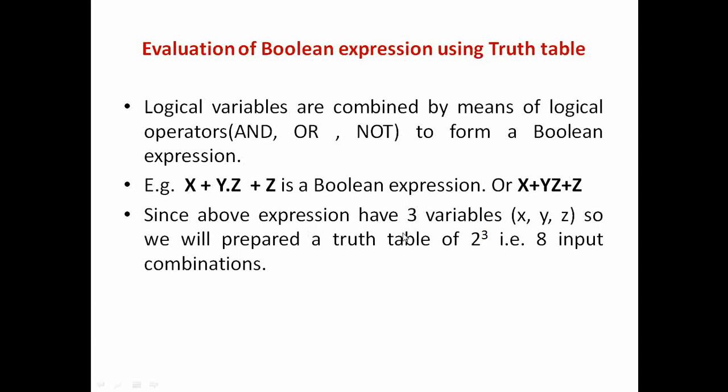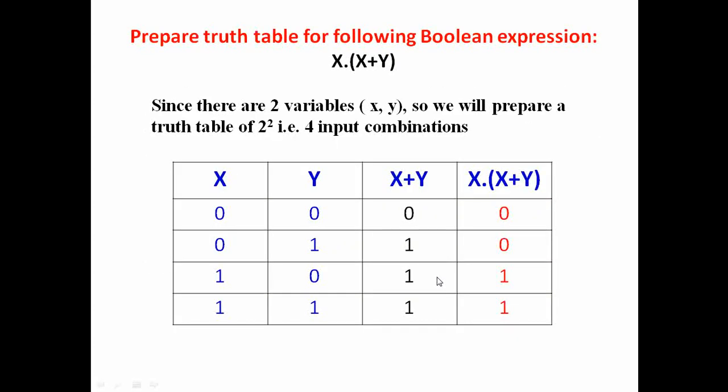Since the above expression has three variables, that are x, y and z, we will prepare a truth table of 2 to the power 3, that is 8 input combinations. Since the number of variables is 3, the number of possible input combinations will be 2 to the power 3, that is 8, for this expression.